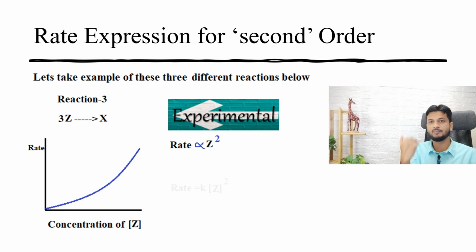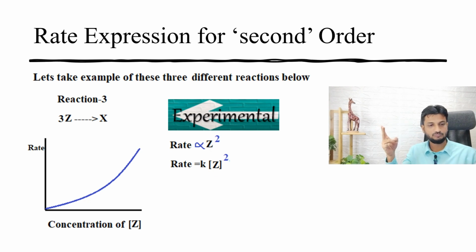So then if we remove the proportionality, we get rate equals k Z to the power 2. This is the rate expression for this reaction, guys. And here k is a constant called the rate constant. If we are going to find out the units for k, we'll keep k on one side.